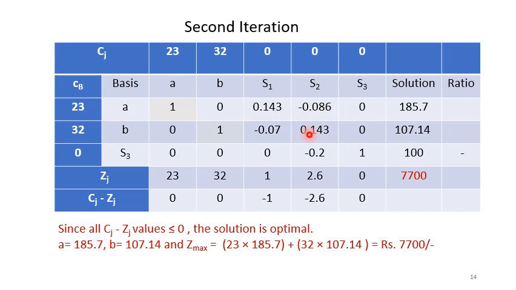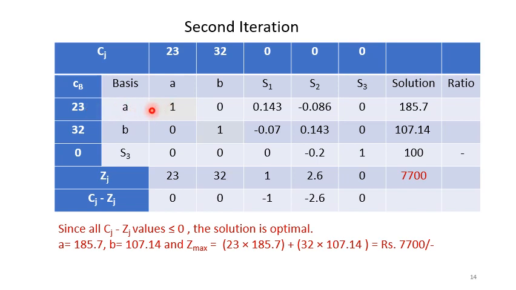Similarly, calculate all these values. What you have to do is multiply all the x values by the coefficients of the basic variables. CB here refers to the coefficients of the basic variables. The individual CB values are multiplied by the values written in this particular cell, which represent the coefficients of the variables in the constraints.